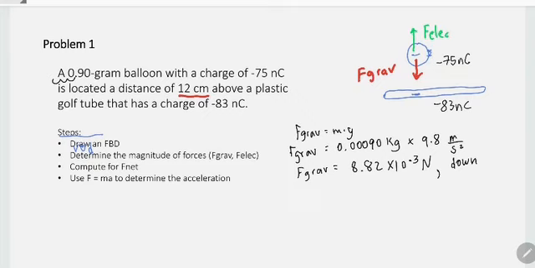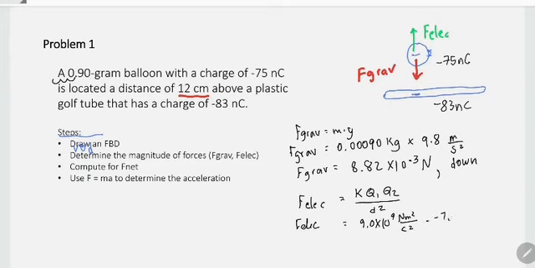Now, how about the F-elect? I have to use the Coulomb's law. k, q1, q2, over d squared. So, F-elect will be k, 9 times 10 to the 9. Okay, didn't make a mistake. Times q1.